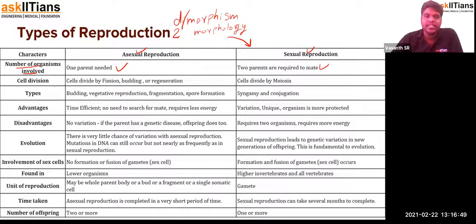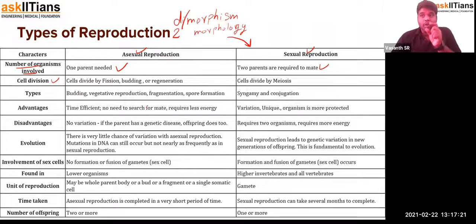The second thing is cell division. We all know, because we studied this in the chapter called Fundamental Units of Life, a theory called cell theory. In that, the third law, which was actually proposed by Virchow, states that the cells that come into existence came from a pre-existing cell, which is already existing in this very world.